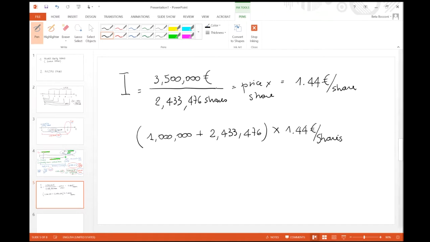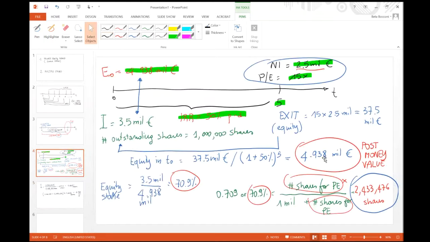And as you can appreciate, this value corresponds exactly to the 4.938 million euros that we had calculated here, the present value of the company today after the capital increase, the post-money value.